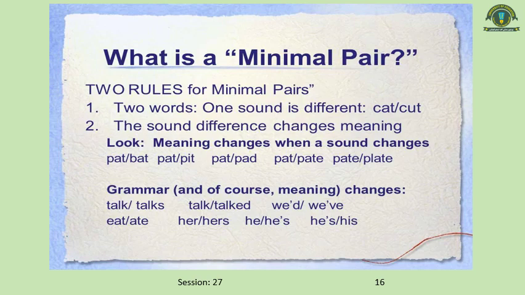First is: 2 words, 1 sound is different. The words are cat and cut. Right? You can sit alone after this session. You can analyze the way I have analyzed, per sound only.